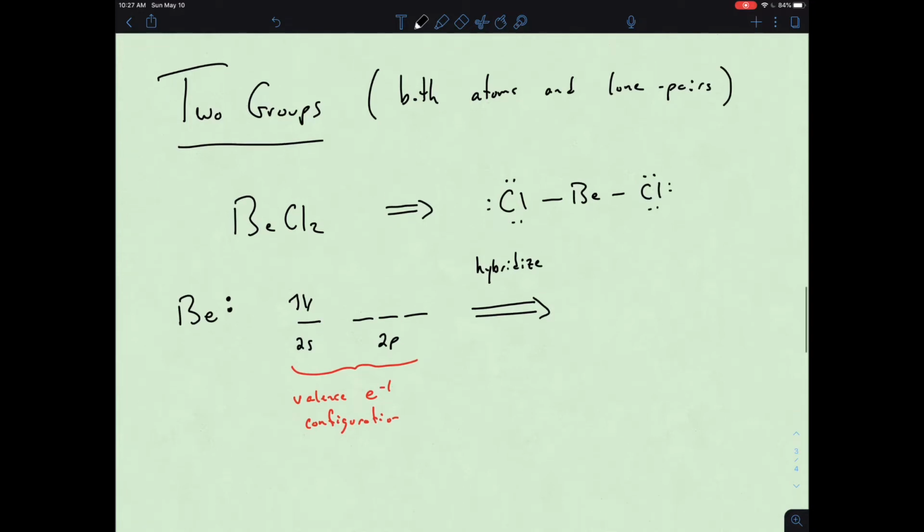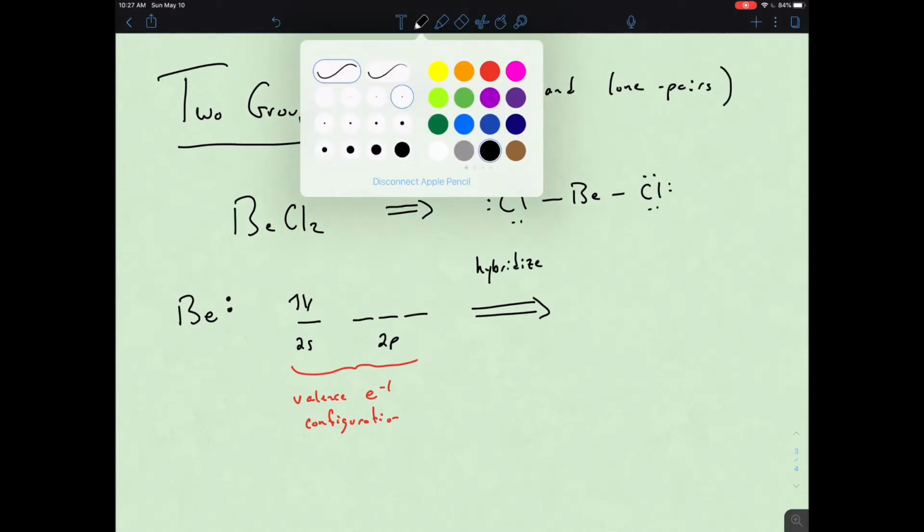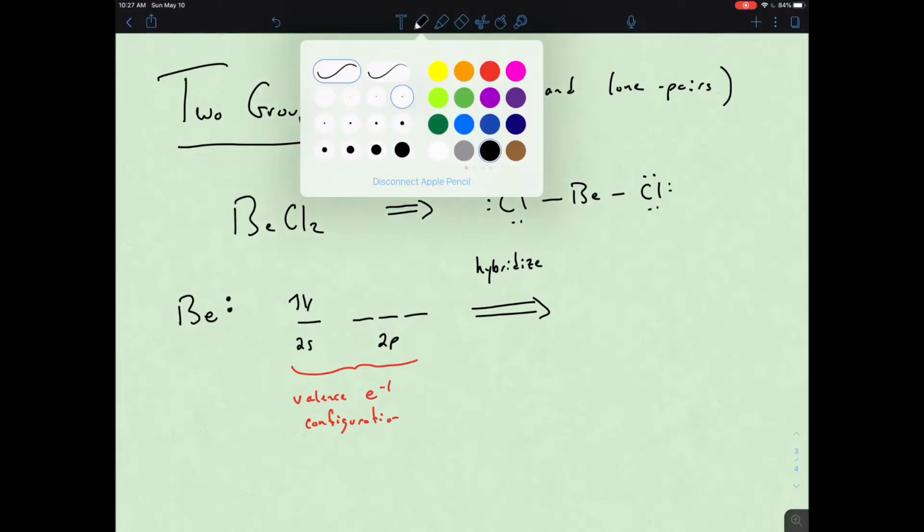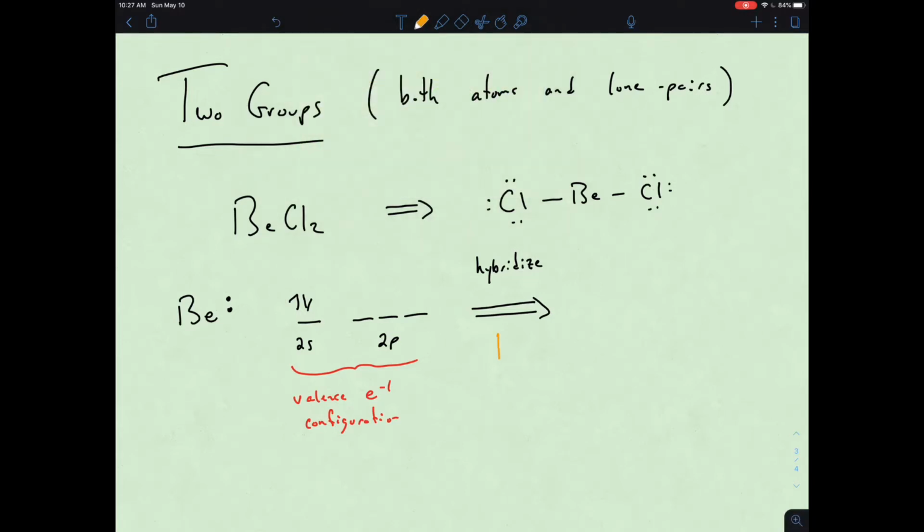And it basically needs to hybridize as many orbitals as there are groups.